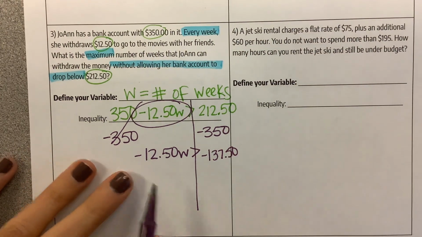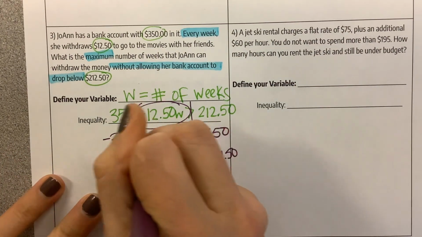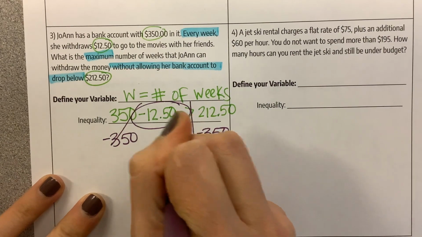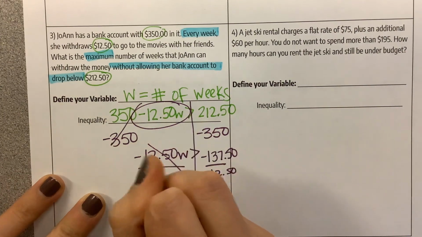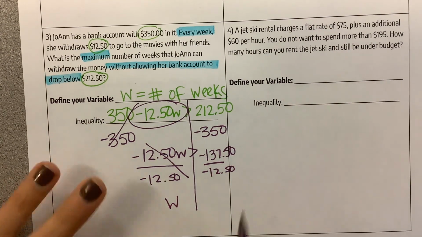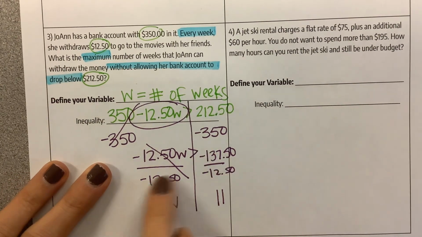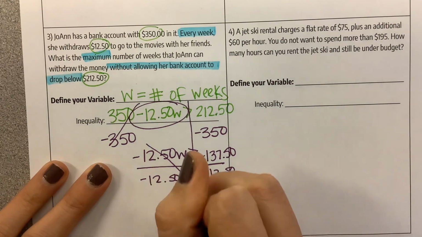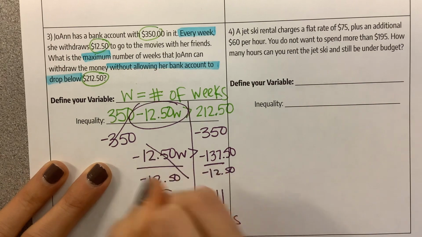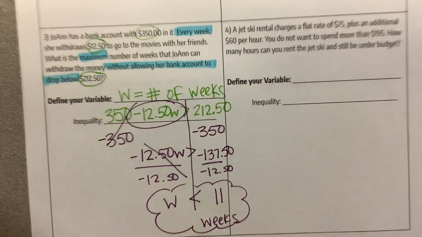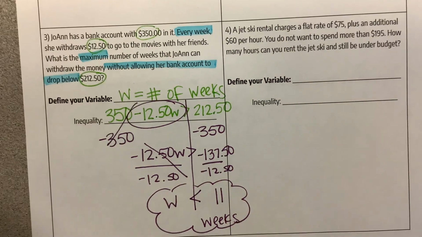And then last step, W is being multiplied by negative $12.50, so we're going to divide by negative $12.50. This stays W. On the right side, we get 11, but we divided by a negative, so I need to flip my sign, which makes sense. It's not going to be more than 11 weeks. It's 11 weeks or less.